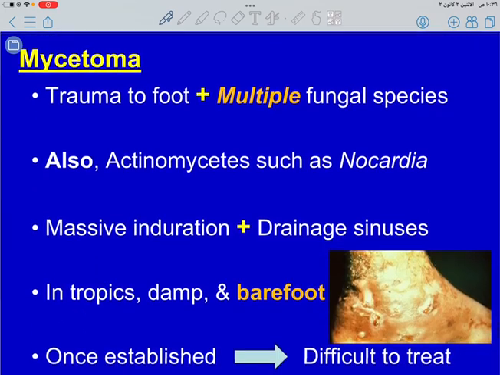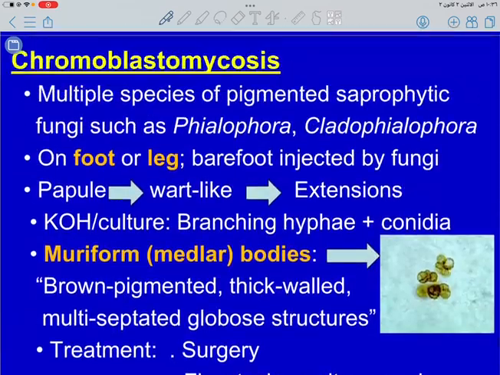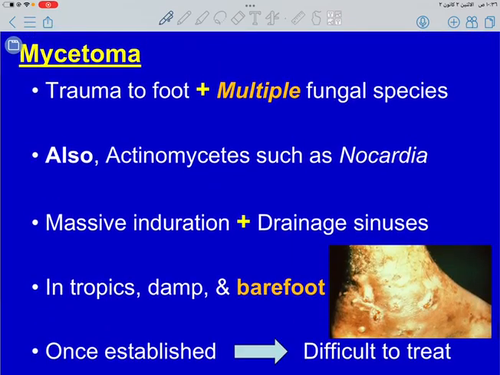مايسيتوما. شو هذه المايسيتوما؟ المايسيتوما واحد بيمشي حافي يصير عنده انجري تخش الفنجاي أنواع. So trauma to foot, multiple fungi، عدة أنواع. Also actinomyces like nocardia, bacteria. يعني fungus or bacteria.